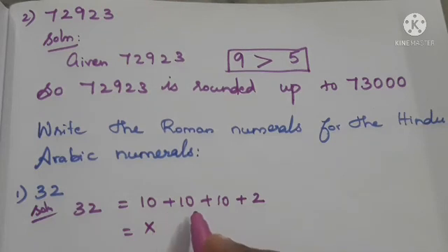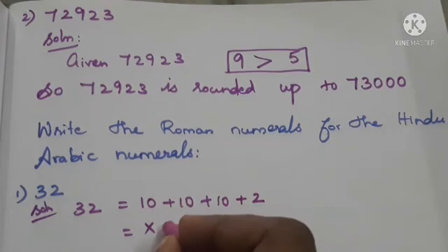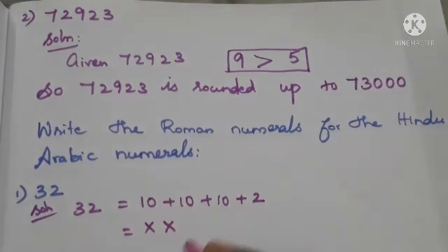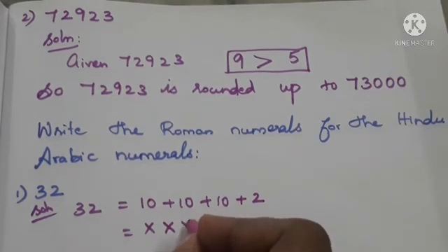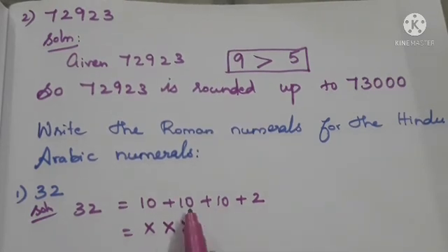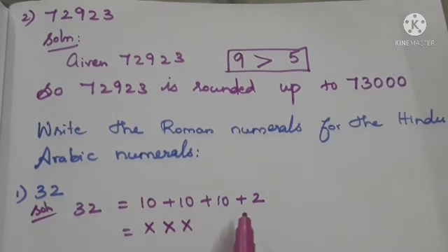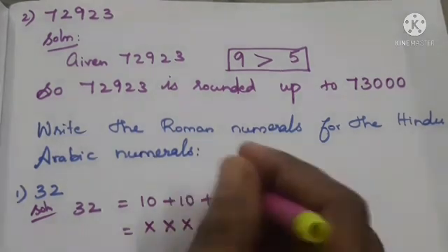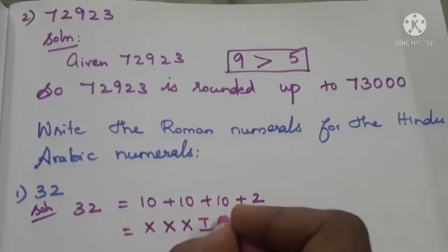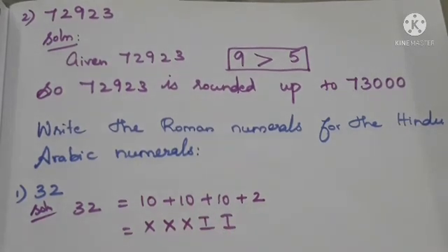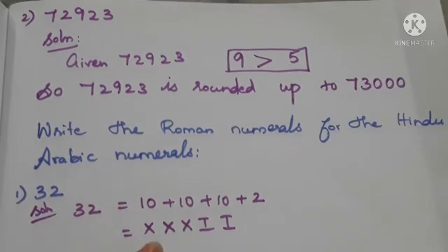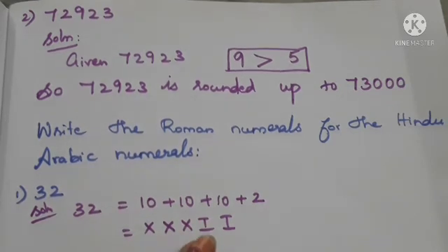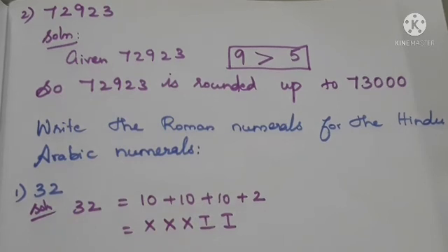The next Hindu-Arabic value we have is 10, so in Roman numeral we write X. Then also we have 10, so the Roman numeral is X. So 10 is X, then 10 is X. Next, how do we write 2? We write II. So this is our answer. Here they gave the Hindu-Arabic numeral and we changed it to a Roman numeral. That means XXXII. Look at the next one.